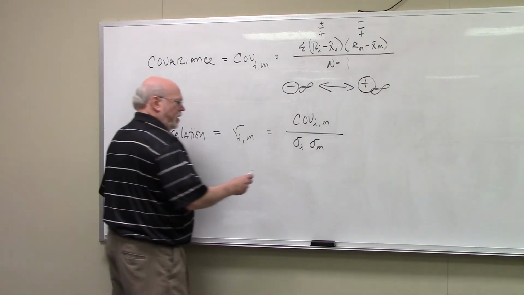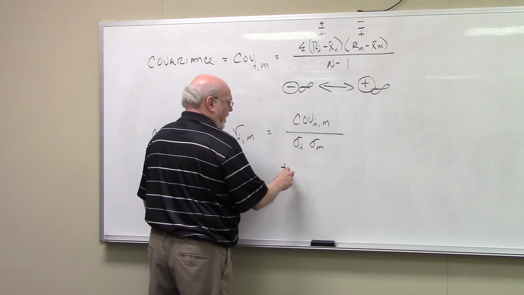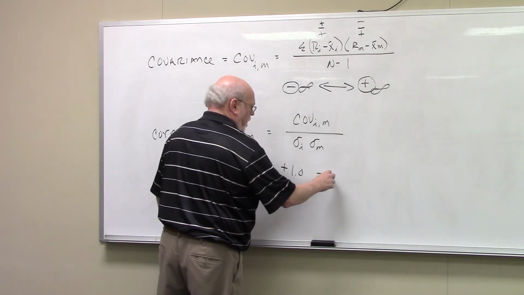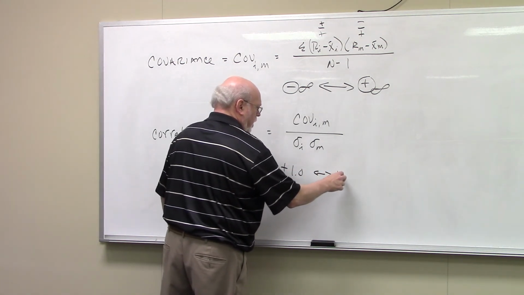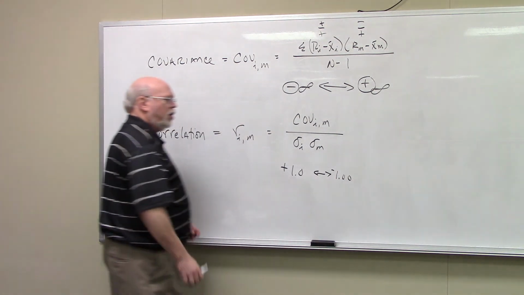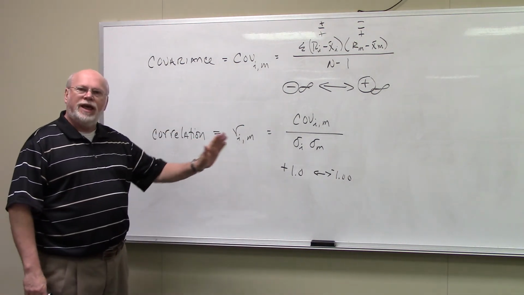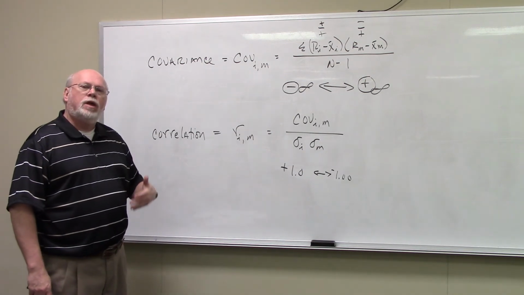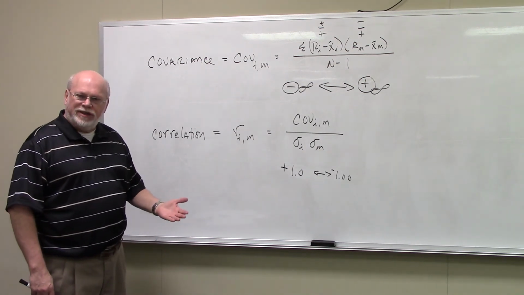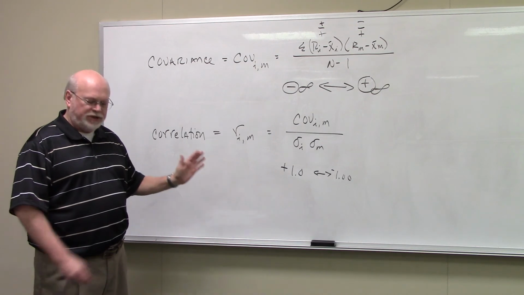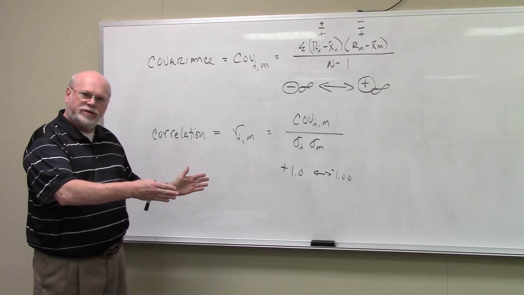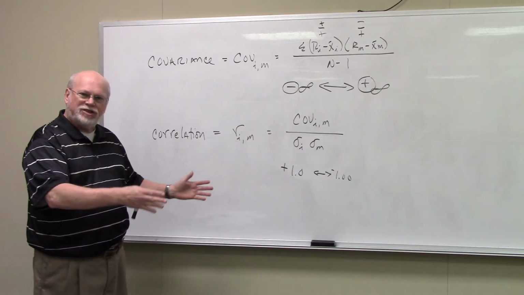And when you do that, you find out that a correlation coefficient can only take on values between +1 and -1. A normalized statistic, such as the correlation coefficient, means that it has boundaries. It can't go outside of the boundaries.